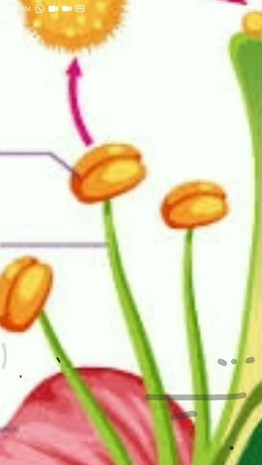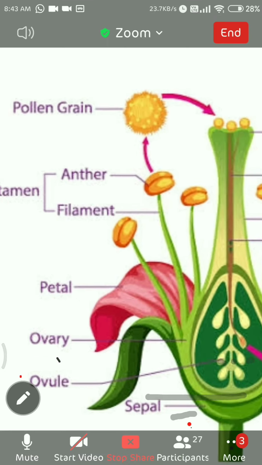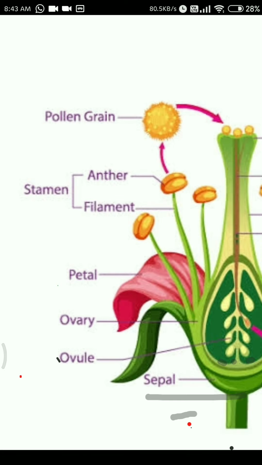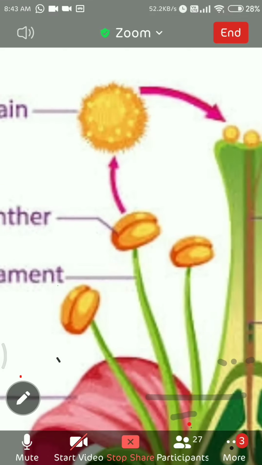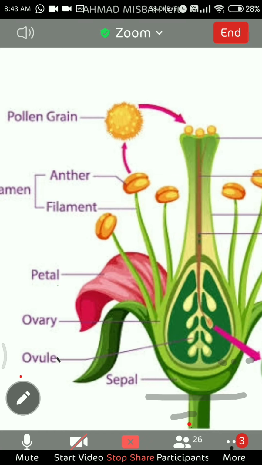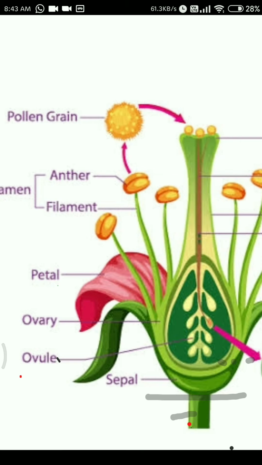Inside the anther, so many tiny rounded structures are there. These are pollen grains. When they mature, the anther bursts open and the pollen grains come out. Each pollen grain has two male gametes, which will be needed for fusion with the female gamete at the time of fertilization.